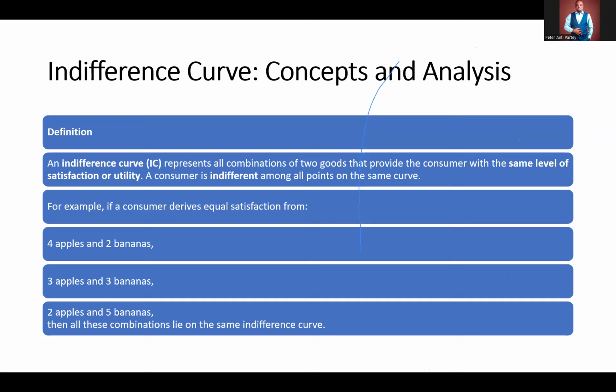Okay, so for example, we say that if a consumer has got 4 apples and 2 bananas, we can put it together in an indifference form and say that the consumer is indifferent among these points that he's supposed to consume. Let me go to the board and then do an illustration.